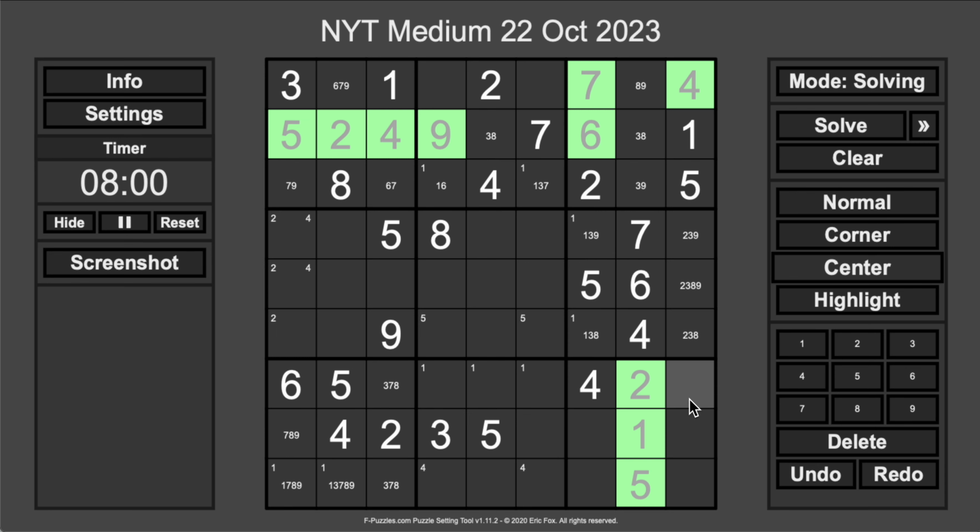Let's see, this one, okay, 1, 3, 8, 9. Well, this one can't be 1 or 3. This is 8 or 9. And this one can't be 1. 2, 4, 5, 6, 7 says I'm looking at 1, 3, 8, 9. This one's not 9. This one's not 1 or 3. This one can't be 1, but could be 3. Okay, that's not helpful.